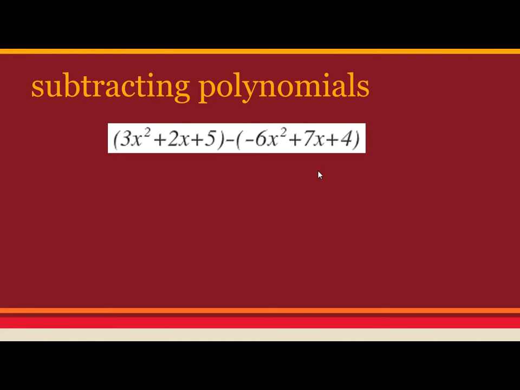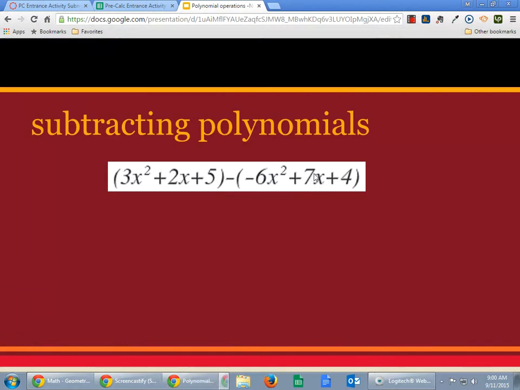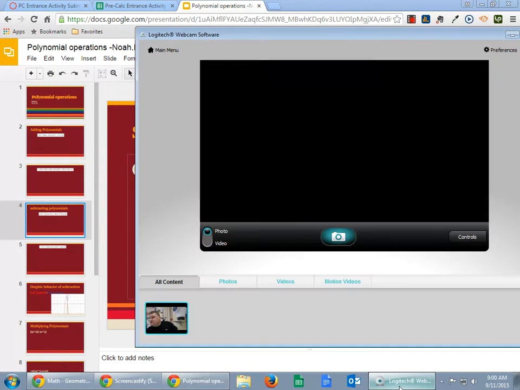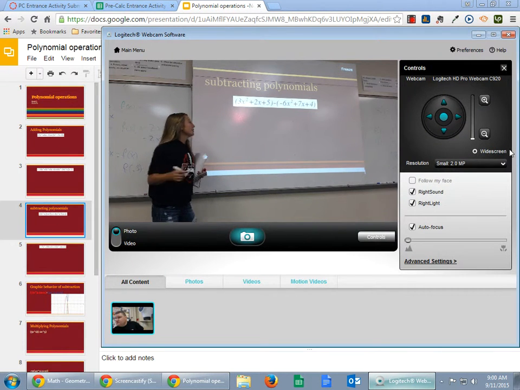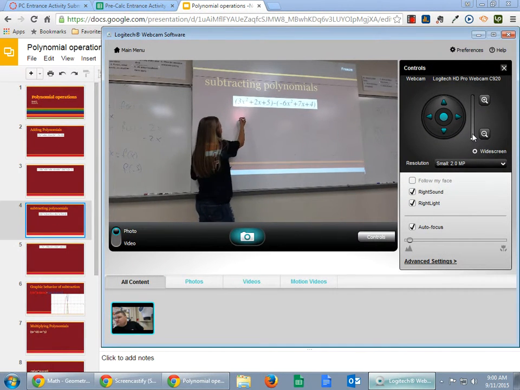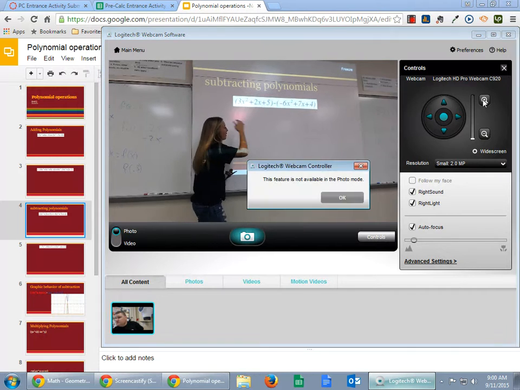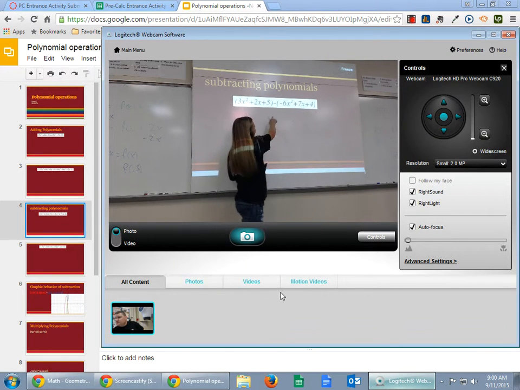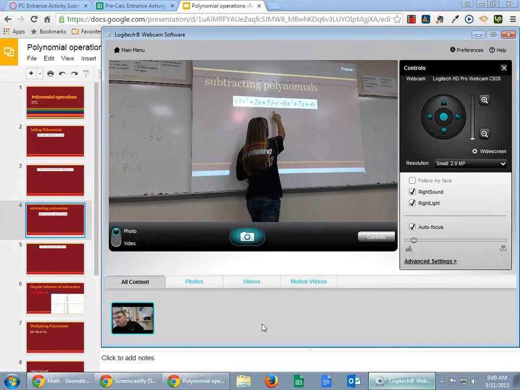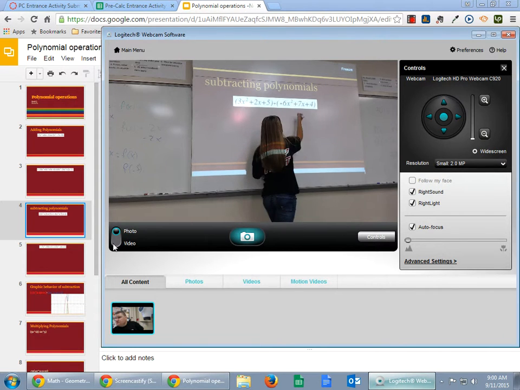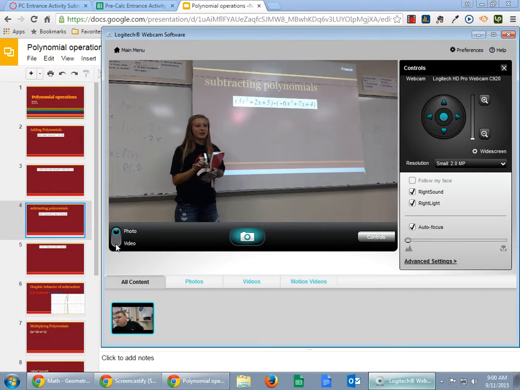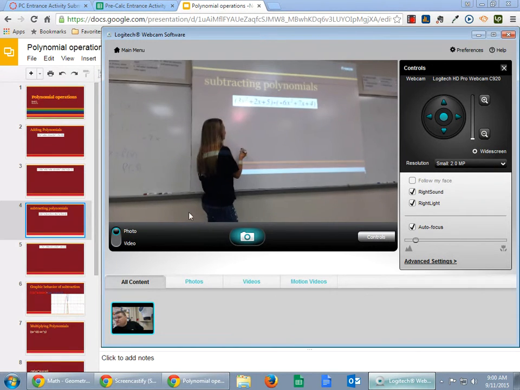And then subtracting is basically the same thing, but when you go to write it underneath, I would just switch the sign, so I'd make that positive and this would be positive, and that would make these two negative. So it's like you're adding instead of trying to subtract.